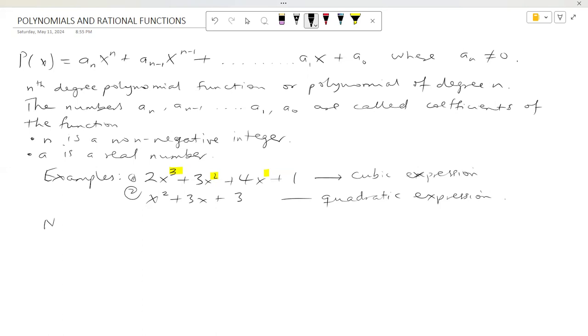So non-examples will be like this. If I have 2x to the power negative 3, plus maybe 3x squared plus 5, because you have this negative exponent here, this is not a polynomial function.